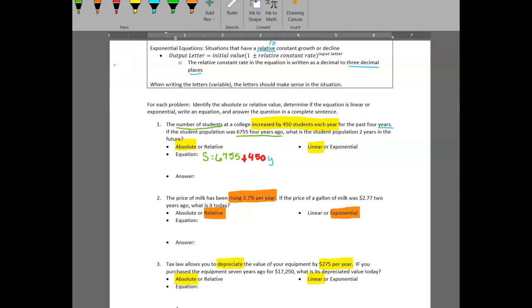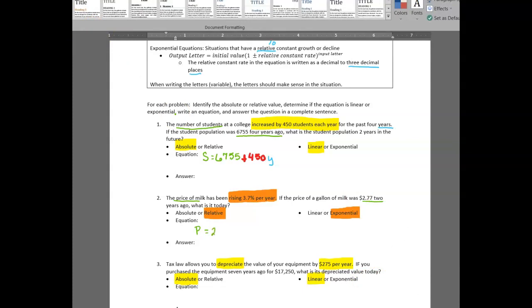If we look at number 2 for the exponential equation, this time we need the output letter equals the initial value, 1 plus or minus, times the relative constant rate of change, but again, that's as a decimal, times the input letter. So this time, we're talking about the price of milk, and we know that the price was $2.77 2 years ago. So P equals the initial value of 2.77.